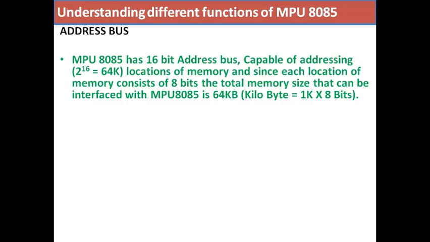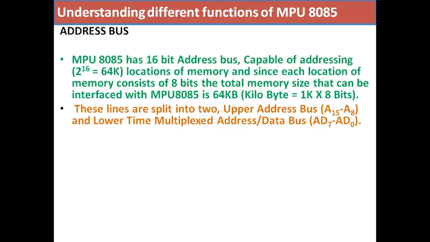So if a memory has to be connected to an Intel 8085, it should have 8-bit word size and around 16 address bits. So a total of 64,000 locations of that memory can be accessed through 8085.